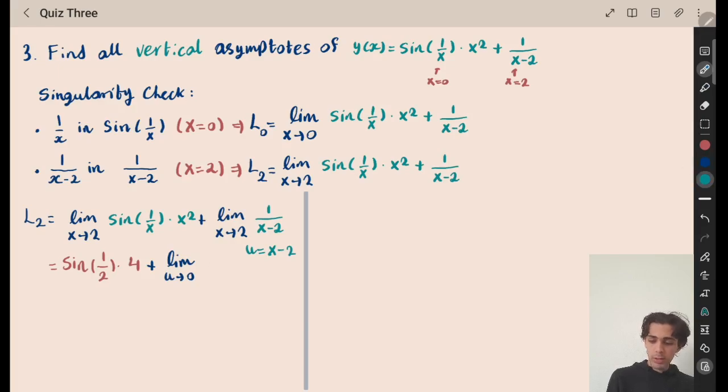On a very simple level, it is easy to see that this will be true, because if you're approaching 2 here, you're approaching 0 here. And this is the very famous 1 over x function, and we are approaching 0. So this must be a vertical asymptote. So x is equal to 2 is a vertical asymptote.